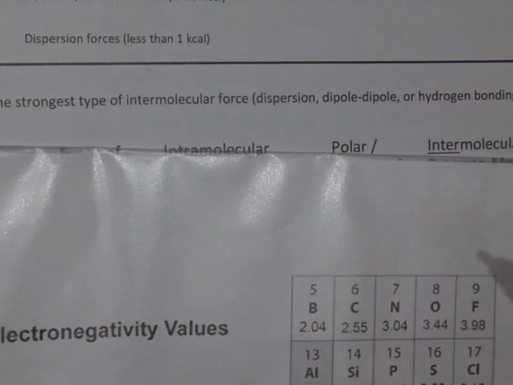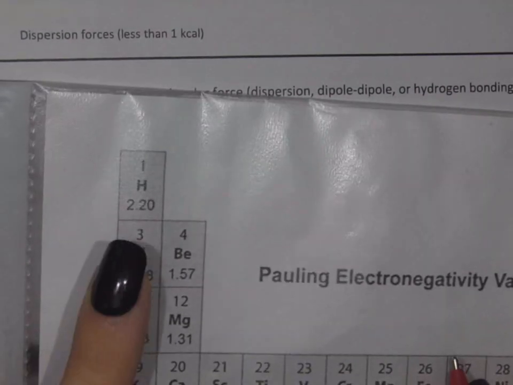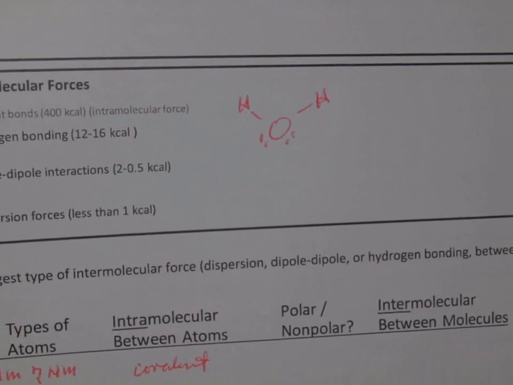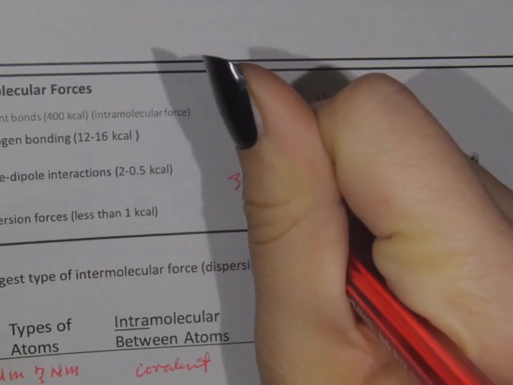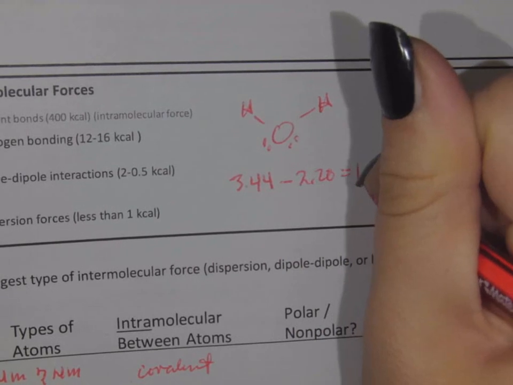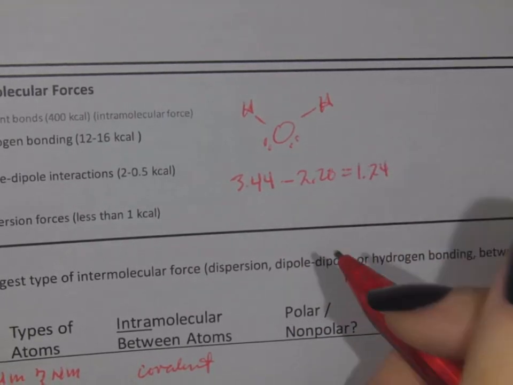And we looked at the electronegativity between oxygen and hydrogen. So we took the electronegativity of oxygen, 3.44, and we subtract from it hydrogen, 2.20. You get 1.24. And remember, that falls in the polar covalent range.